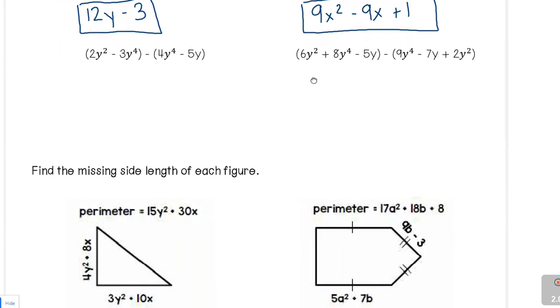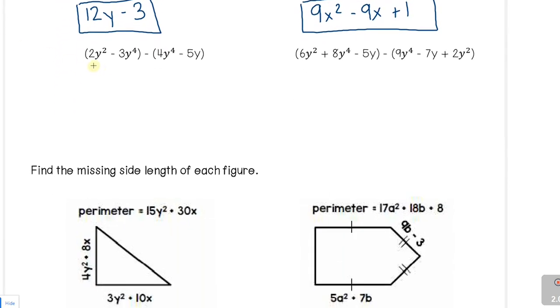Let's continue on. We have 2y squared minus 3y to the fourth. We're subtracting, so we're going to drop those parentheses and rewrite the terms. Since we are subtracting, we are going to change the signs of our second parentheses. So it becomes a minus 4y to the fourth plus 5y.